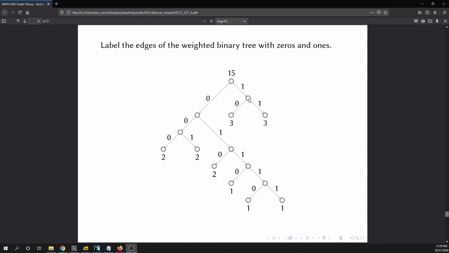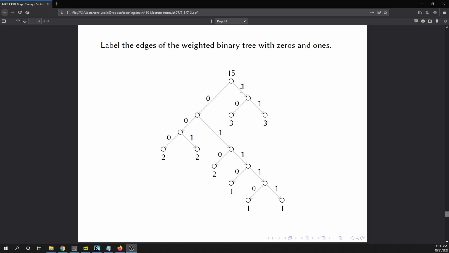Same thing here, go to each one of these vertices of out degree 2, label one of the arcs with a 0, the other arc with a 1, and so on and so forth. And it really doesn't matter how you do it. On this one, I just put 0s on the left and 1s on the right, which just seems to make sense. But you actually could be inconsistent about that, although if your goal was to implement this in an efficient way, you probably wouldn't. You want to be more consistent. Okay, so that's number one.